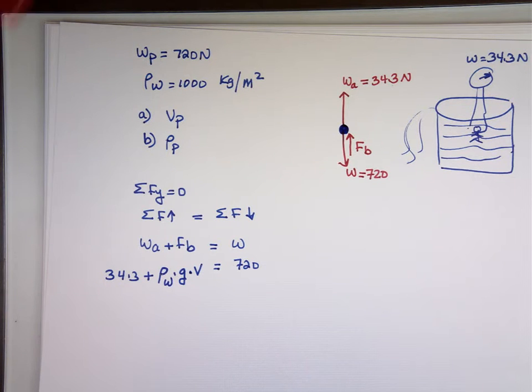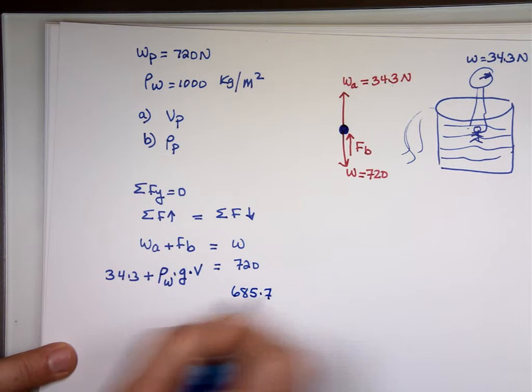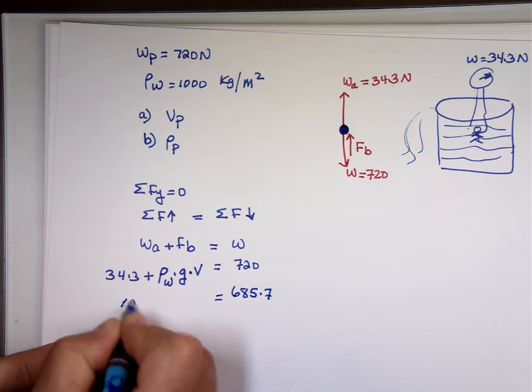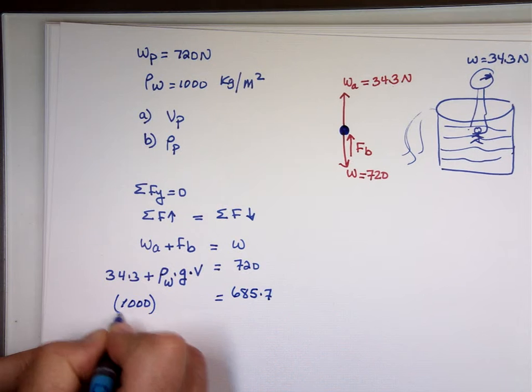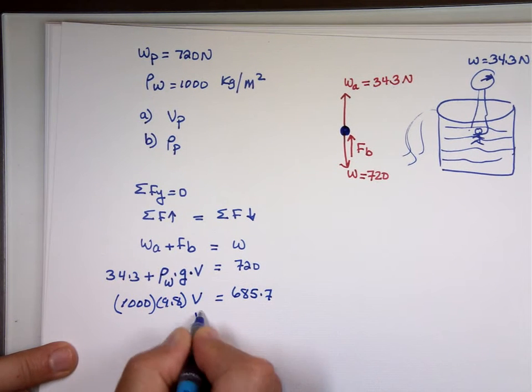So I can move the 34.3 to that side. That will be 720 minus 34.3, which is 685.7, equal to rho of water, which is 1,000, times gravity, which is 9.8, times the volume. Can we get the volume of the person?